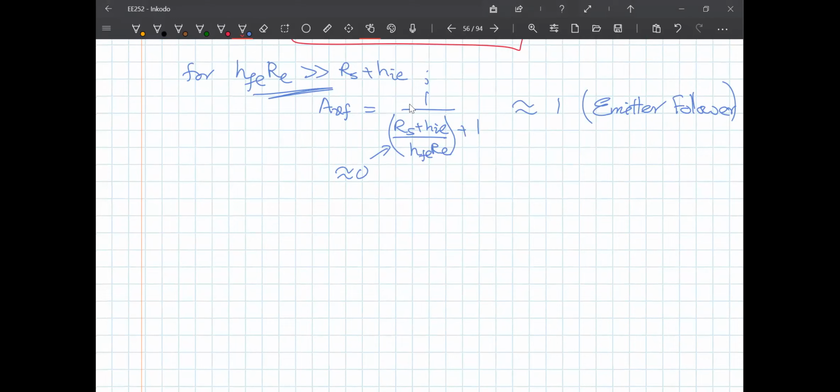The input resistance without feedback, this is without feedback, R in.